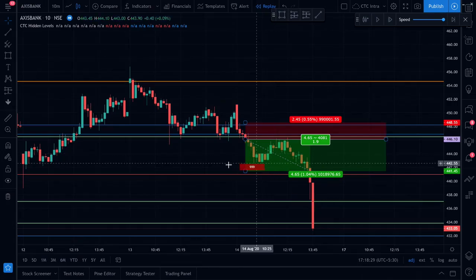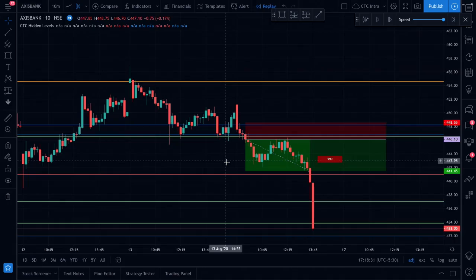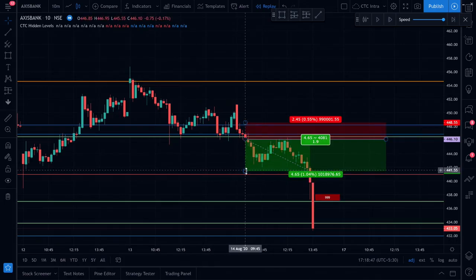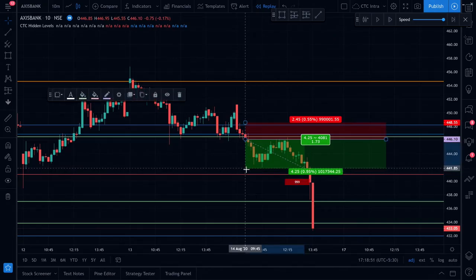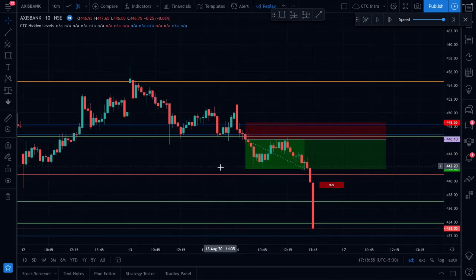So when the price moves 4.2 points from your entry, the entry price is 446 minus 4.2, that is when the price touches 441.8. That is somewhere here. As soon as the price hits 441.8, you trail your stop loss to cost.